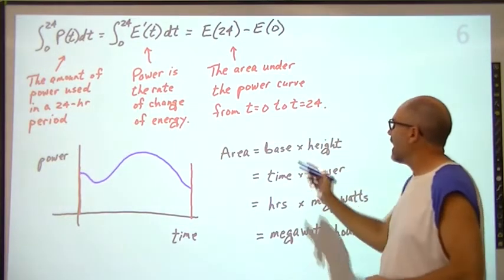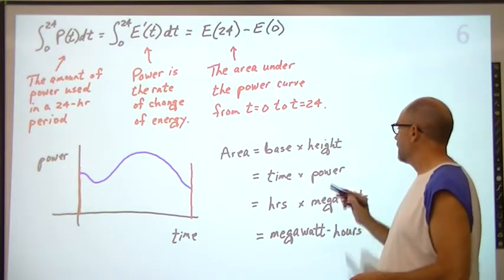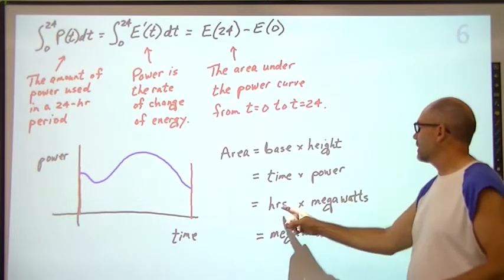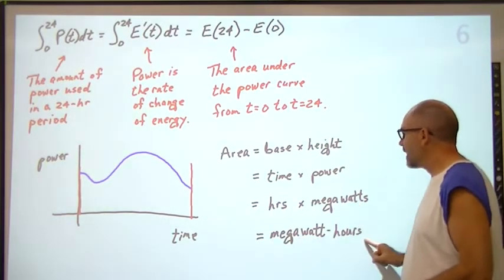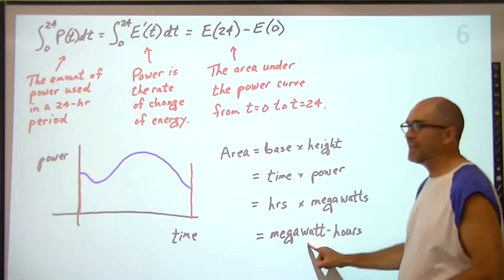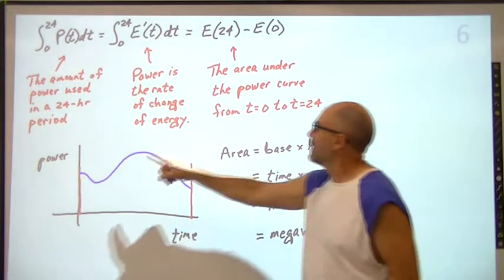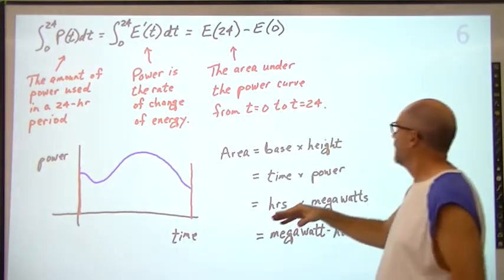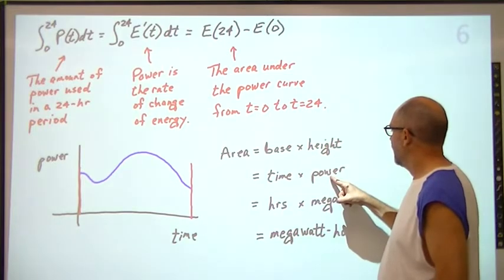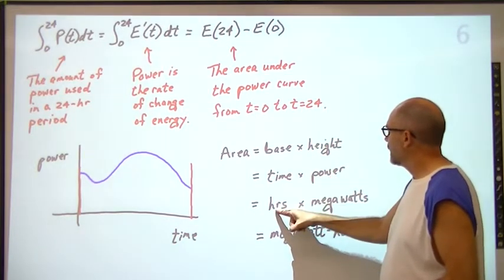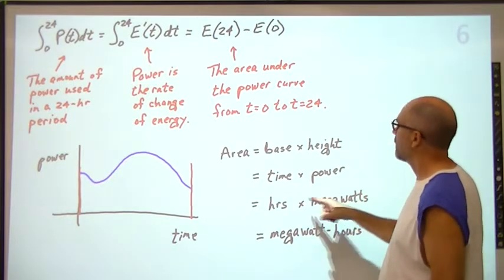Once again, area equals base times height, which equals time times power, which equals hours times megawatts, which equals megawatt hours. This is energy. If this was velocity and time, then it would be time times velocity, which would be hours times miles per hour, or meters, or kilometers per hour.